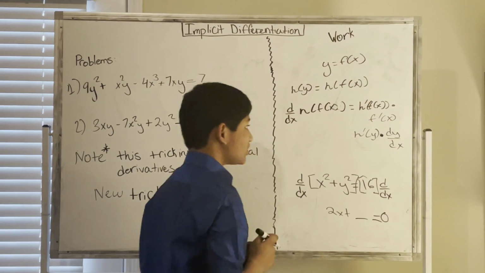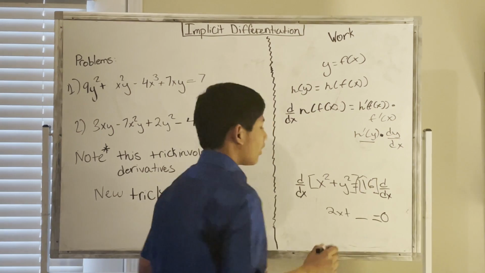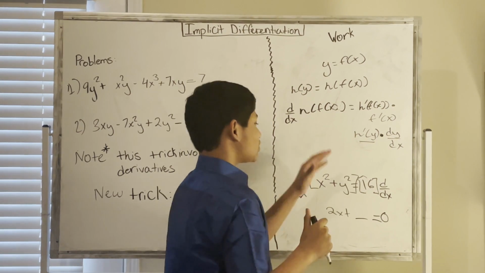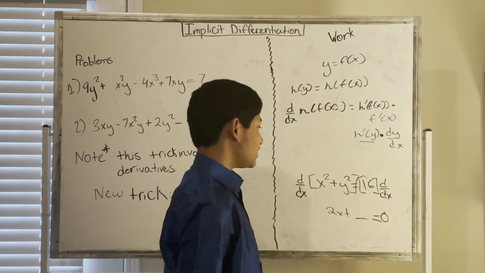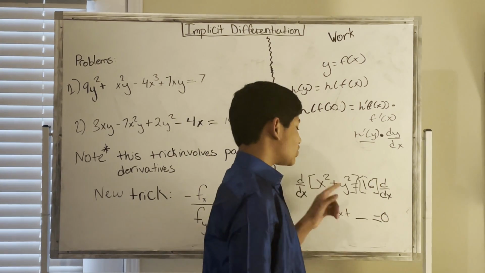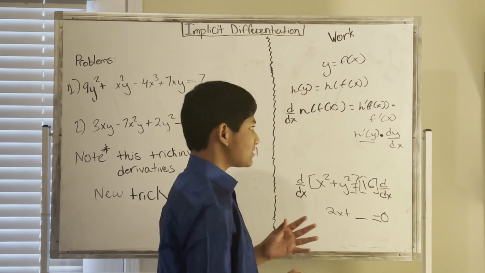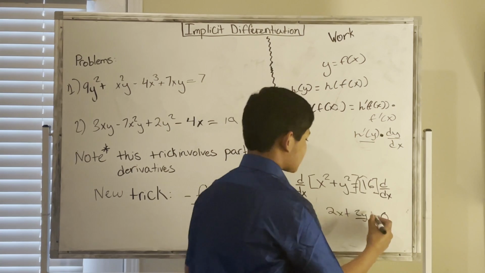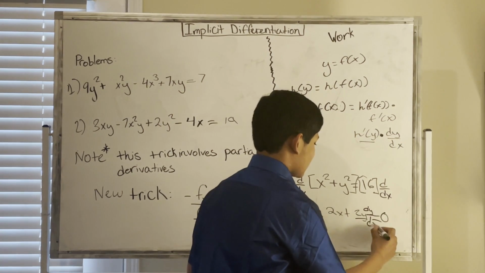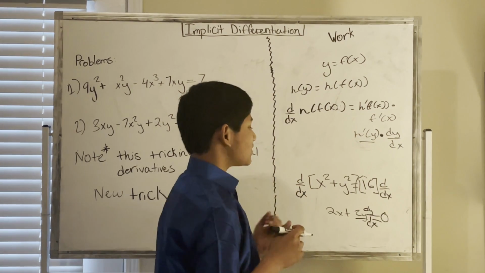So this is essentially just the derivative of y. So this is just the derivative of the function, which is in terms of y, multiplied by dy over dx. Well, the derivative of the function in terms of y, which is y squared in this case, the derivative is 2y, multiplied by dy over dx. So we write dy over dx. And that essentially is what implicit differentiation is.